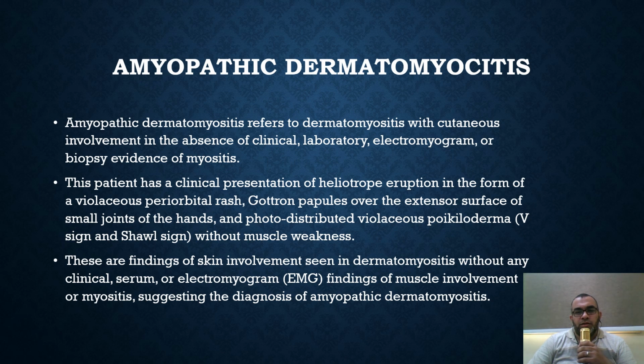Amyopathic dermatomyositis refers to dermatomyositis with cutaneous involvement in the absence of clinical, laboratory, electromyogram, EMG, or biopsy evidence of myositis. This patient has a clinical presentation of heliotrope eruption in the form of violaceous periorbital rash, Gottron papules over the extensor surface of small joints of the hand, and photo-distributed violaceous poikiloderma, V sign and shawl sign without muscle weakness.